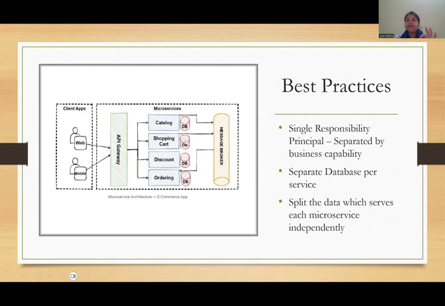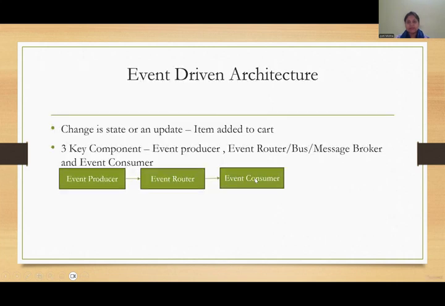They should also be independent. And there is the single responsibility principle. When people are talking about these terms, you should understand what we mean by that. It is separated by business capability. Shopping cart has different functionality, discount has different, ordering has different, and each has its own database.